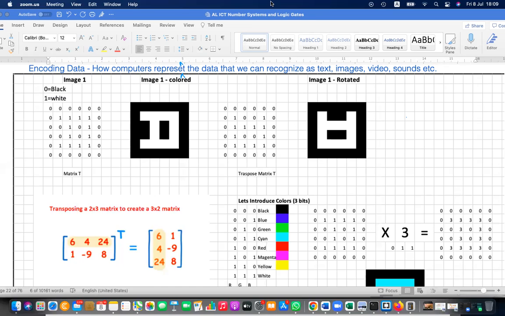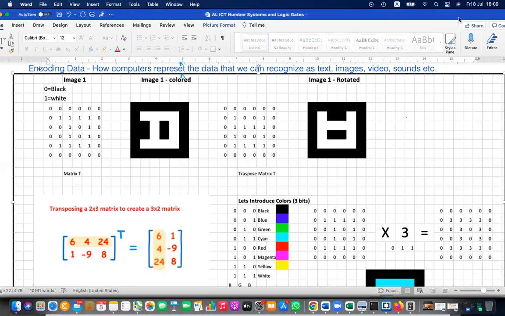I just want you to identify how we see things and how computers see things. This is how we see things, and we recognize this as a letter D. But this is how the computer sees it: as 1, 0, a binary matrix. So please write this down, then we can move to the textbook.